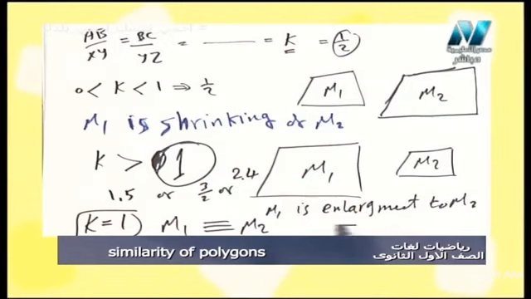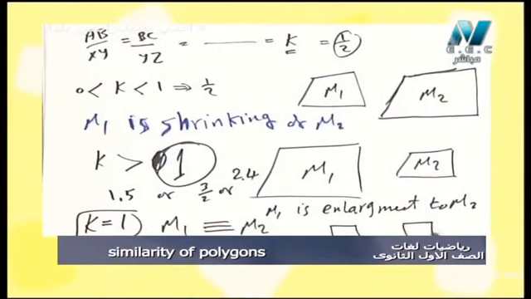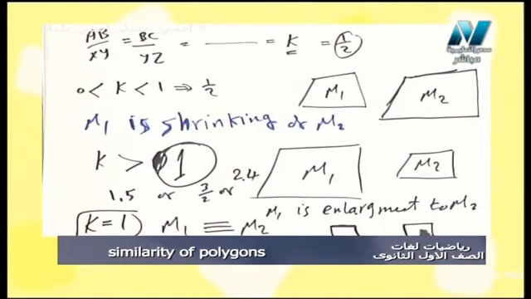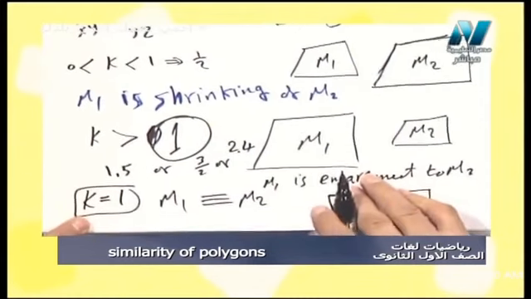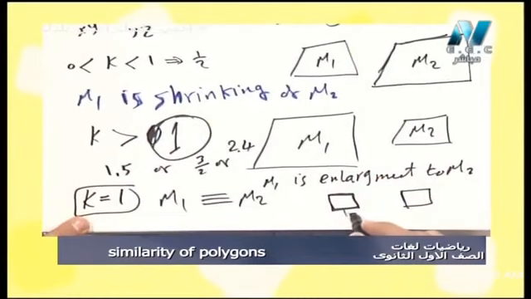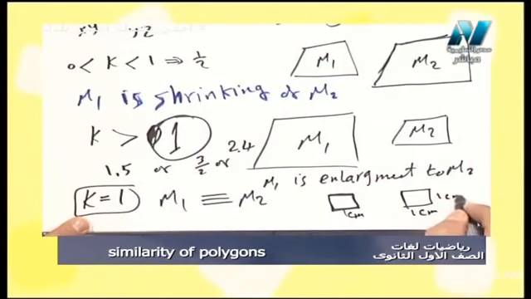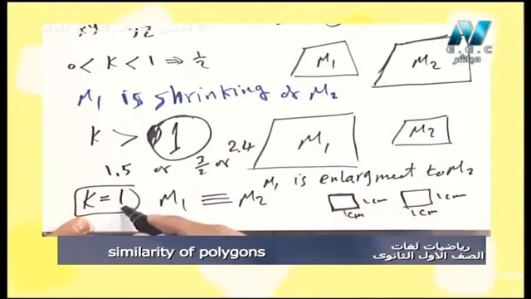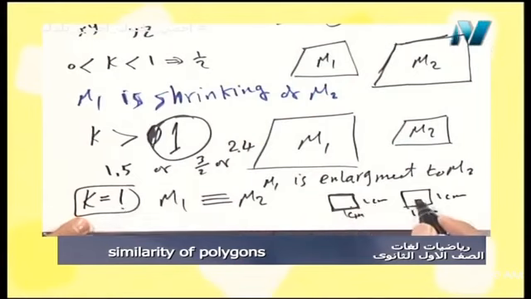Say if we have this square and this square, and each one of them has side 1 centimeter, as an example. So the ratio 1 over 1 equals 1. So K equals 1. So the two squares here are congruent.